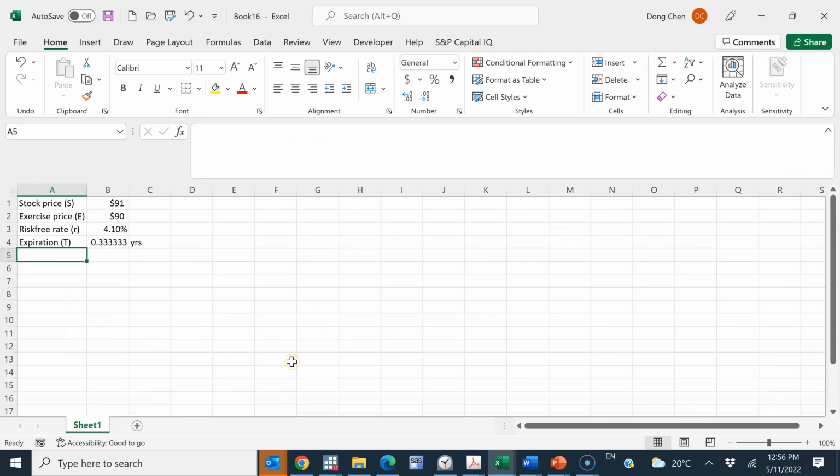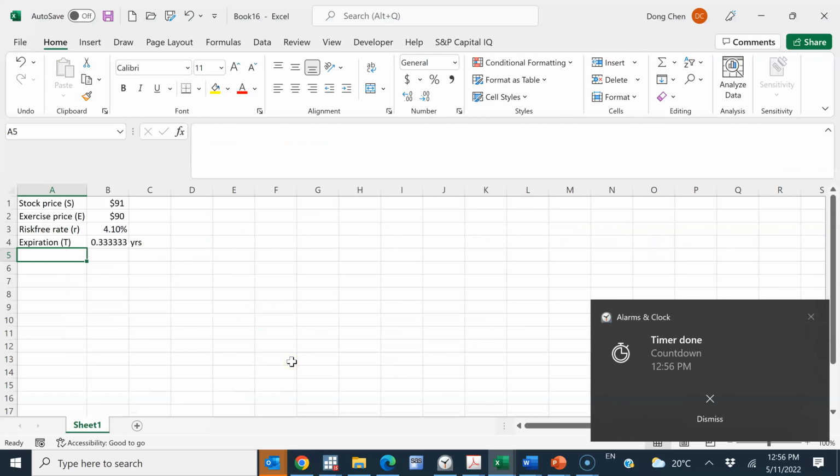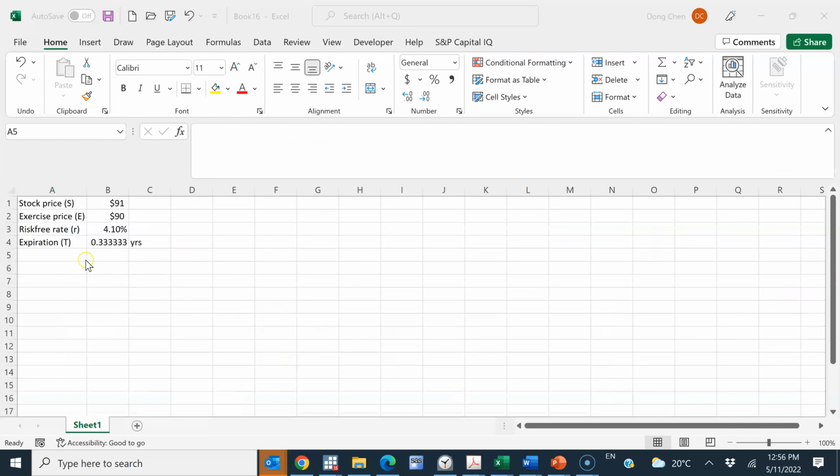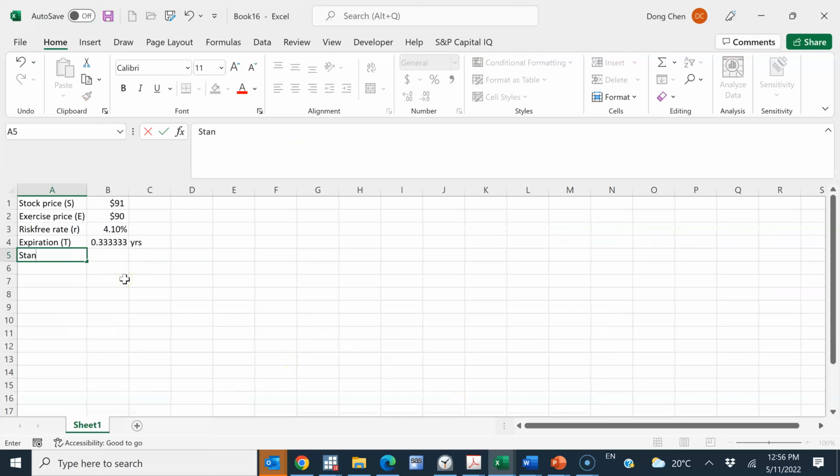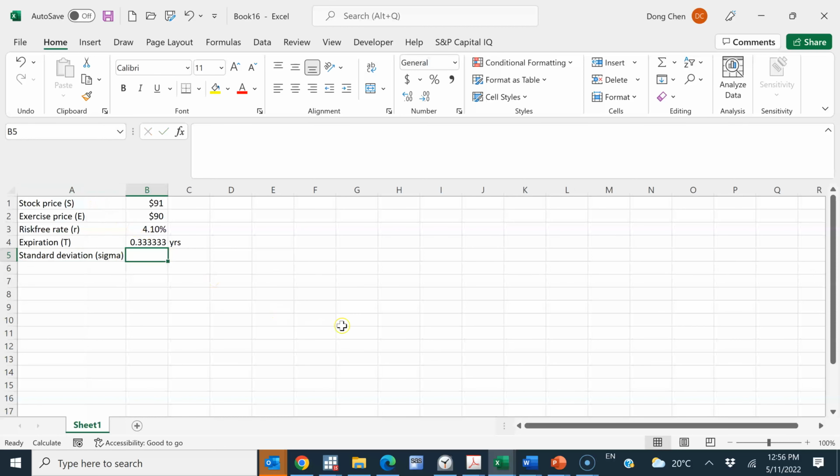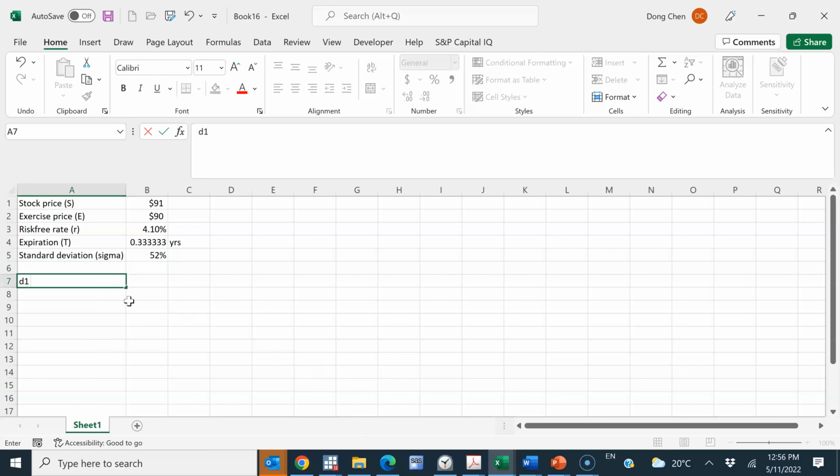And standard deviation. So that's the sigma, right? Standard deviation. That's the sigma. And this is 52%. So we start from getting that D1, right?